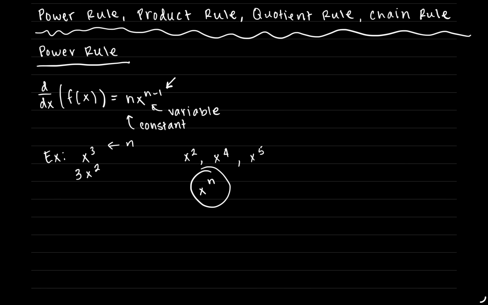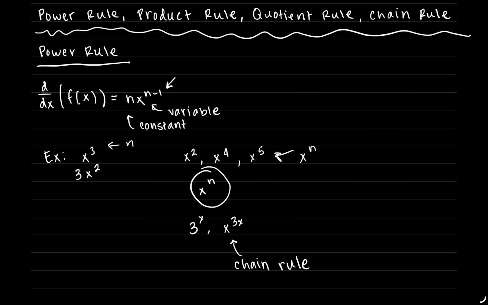When you're not going to use it is when you have a constant to a variable, or if you had x to the 3x, that's when we're going to use the chain rule. So anytime you see anything that looks like this, just a variable to a number, that's when you're going to use it. Okay?